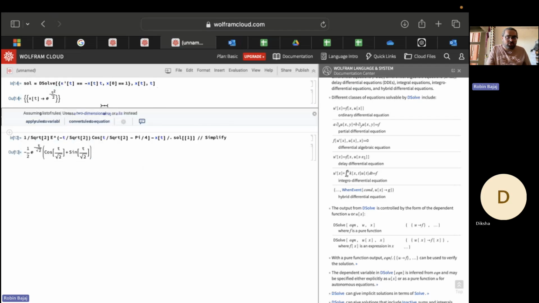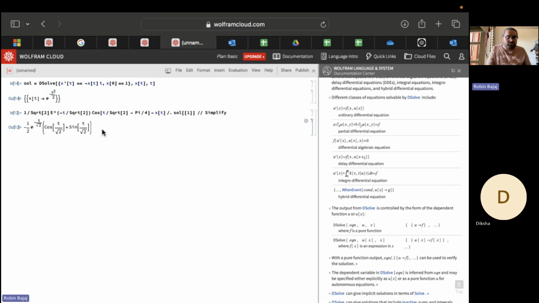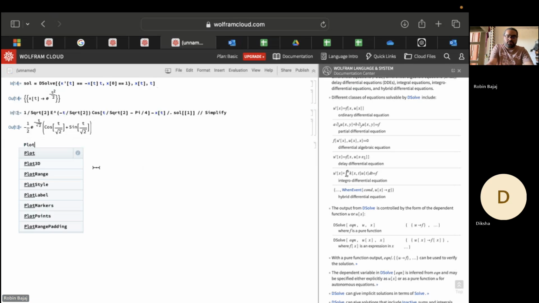Now I could have just plotted it. Let's plot it. For that, first I will have to extract the solution. So xt is equal to x of t sol, the first element.